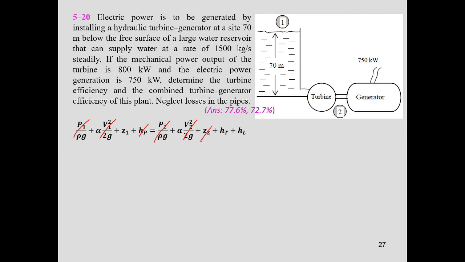Z2 is 0, there is a turbine, and neglect losses in the pipe, HL. So Z1 equals HT, so HT equals 70 meter. For work turbine, M dot g h turbine. M dot is given here, 1,500 kilogram per second. 1,500 times g, 9.81, times h turbine, 70 meter, equals 1.03 megawatt.